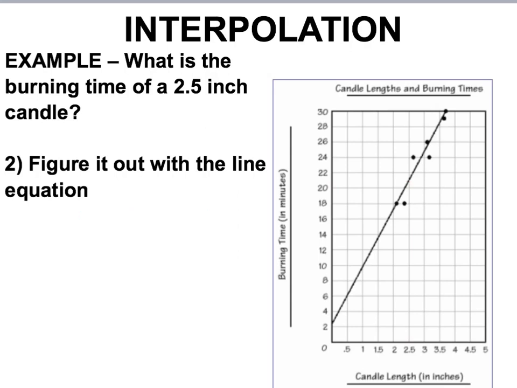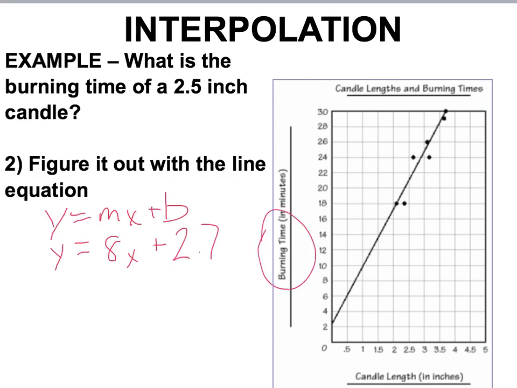So our other way was with our line equation, where we have y equals mx plus b, or y equals 8x plus 2.7. Now what we're trying to figure out is y, the burning time, and what's given to us is x, 2.5 inches. So we're going to plug 2.5 inches into our equation.